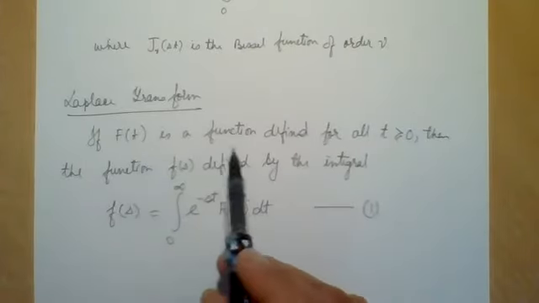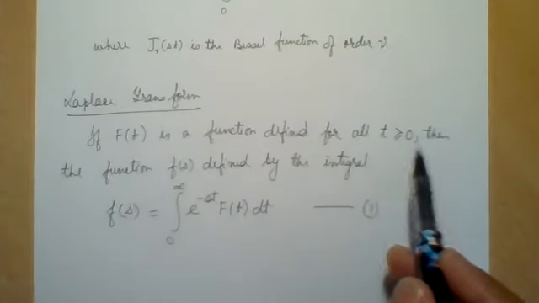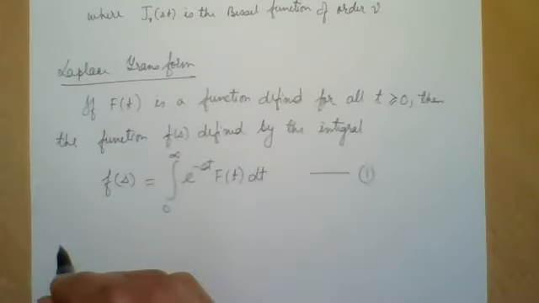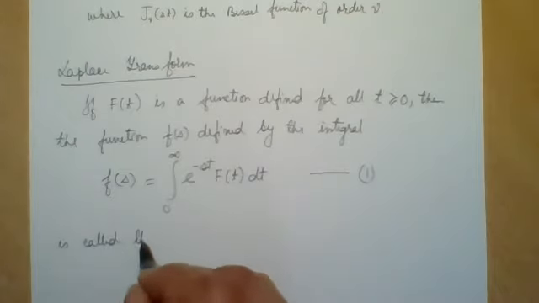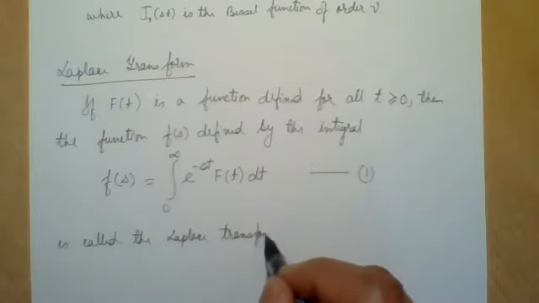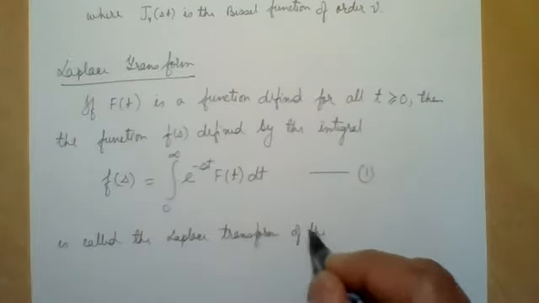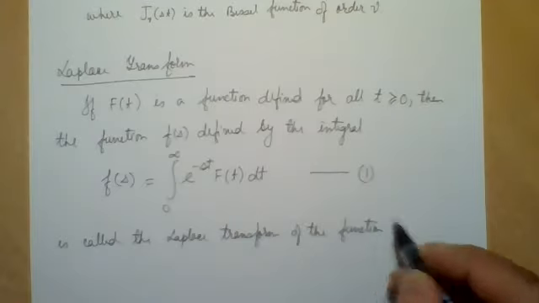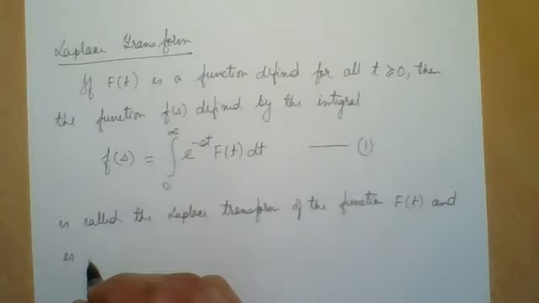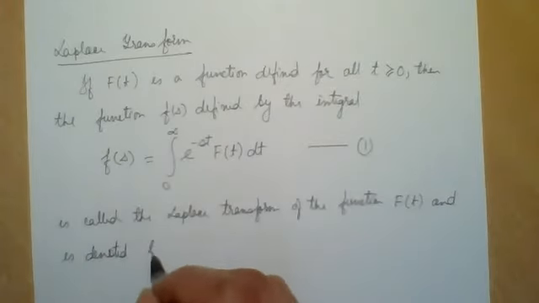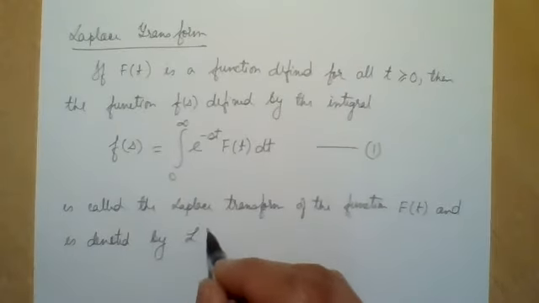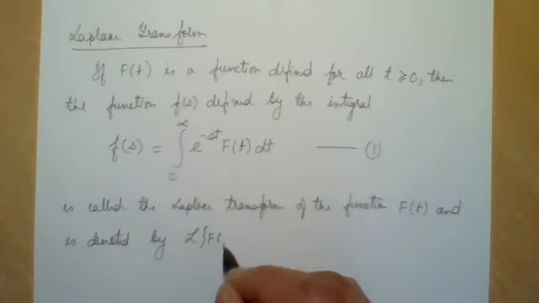So if F of t is a function defined for all values of t greater than or equal to 0, then the function small f of s defined by this integral is called the Laplace transform of the function capital F of t, and is denoted by L of F of t.